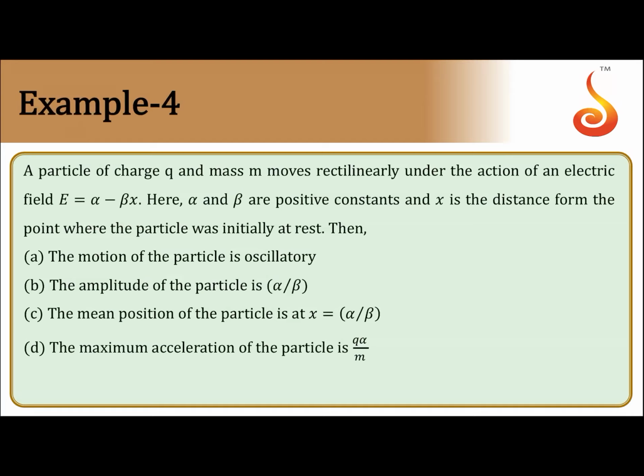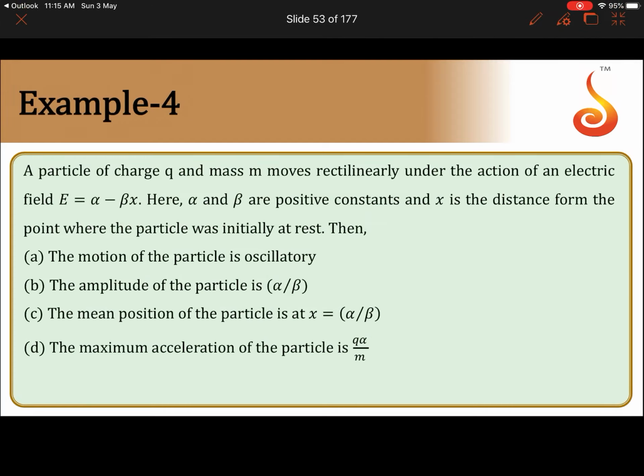Now coming to question number 4. Question is, a particle of charge q and mass m moves rectilinearly under the action of an electric field E is equal to alpha minus beta x, where alpha and beta are positive constants.